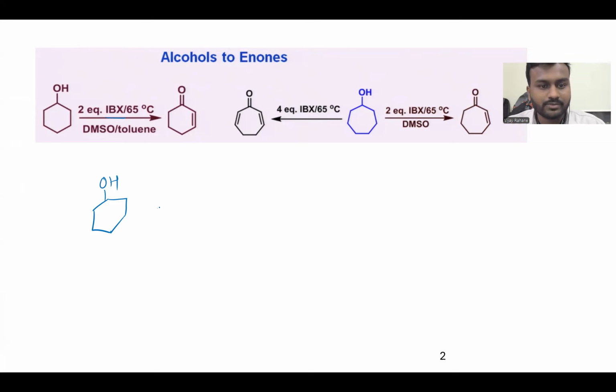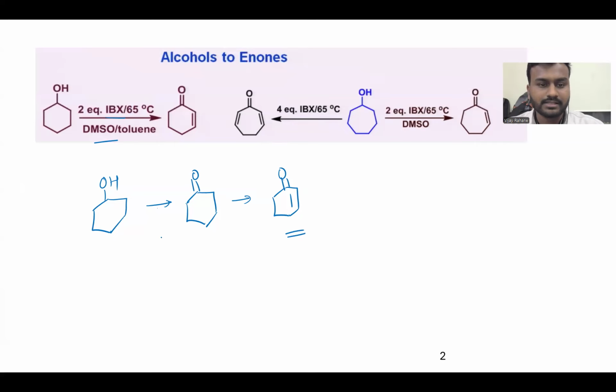Let's say we have used one equivalent of IBX, it gives the formation of initially the keto compound, and another equivalent helps to form the alpha beta unsaturated keto derivative. So this is the reaction with IBX at 60 degrees Celsius in DMSO or toluene solvent, and it gives the product in this manner.